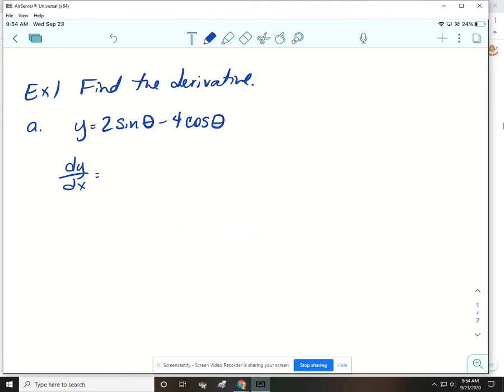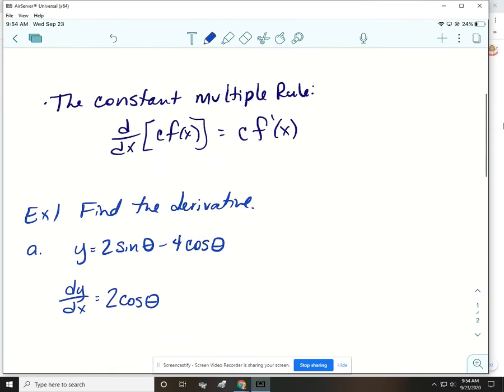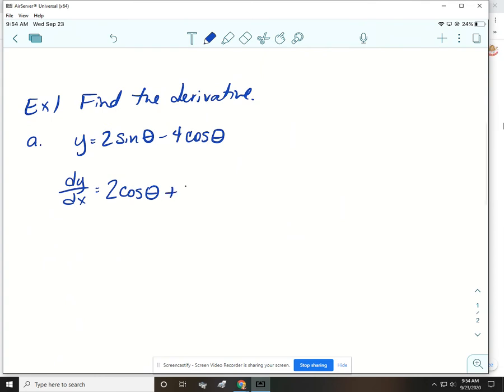So then if I wanted to take the derivative of 2 sine of theta, that is going to be 2 times the derivative of sine of theta, which is going to be cosine of theta. All right. And then negative 4 times the derivative of cosine is going to be negative 4 times negative sine. So that's going to be positive 4 sine theta. Okay, so we use the opposite sign when we do the derivative of cosine.